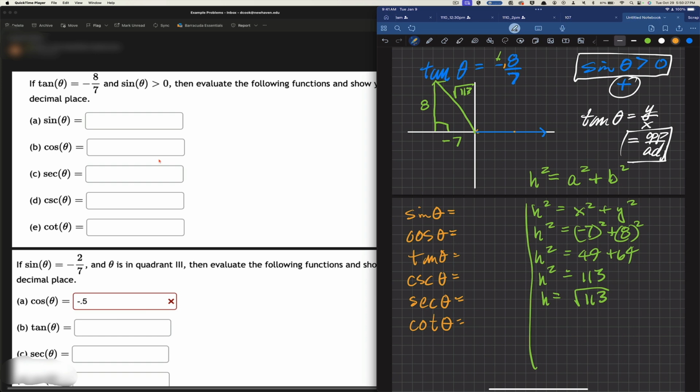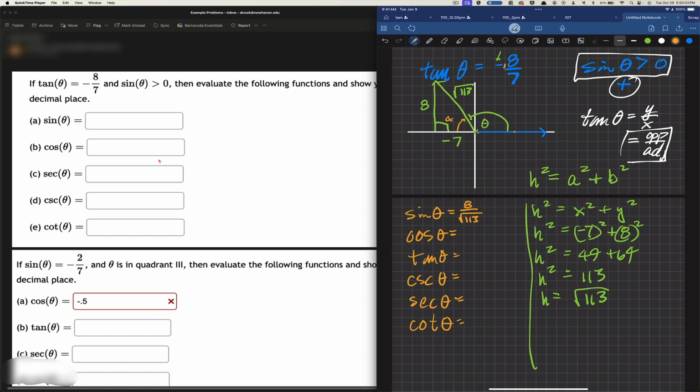Sine is opposite. Here is our angle, theta, and here's our reference angle, alpha. Our opposite leg is 8, and our hypotenuse is the square root of 113. You could rationalize the radical, but I'm almost 100% confident that my open math does not care about that.